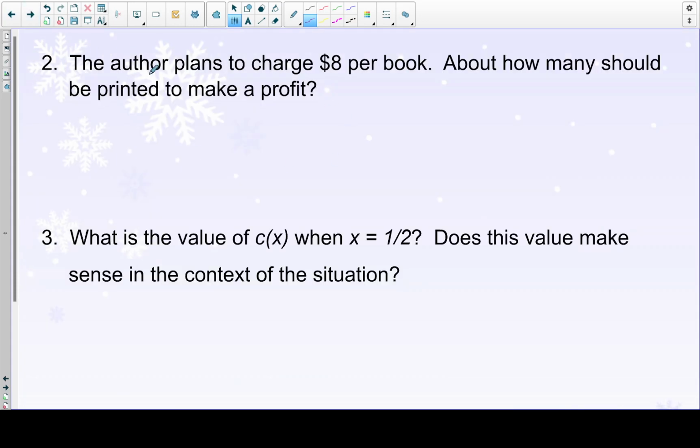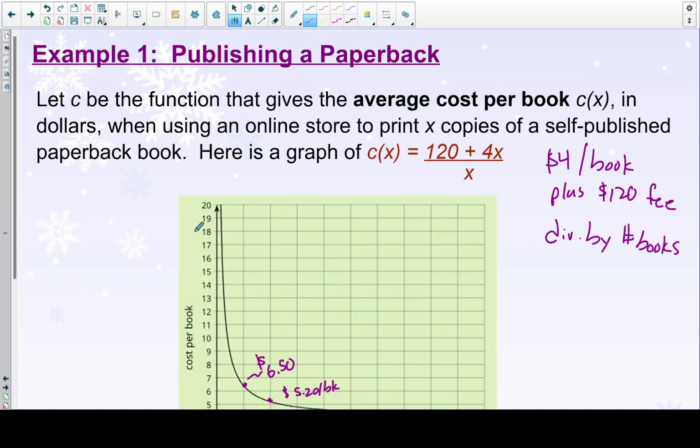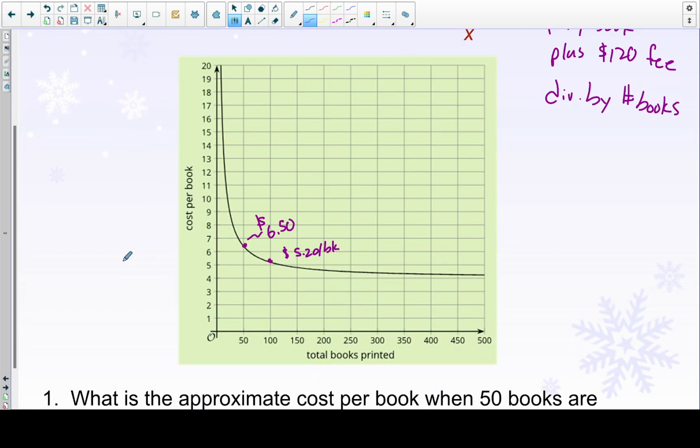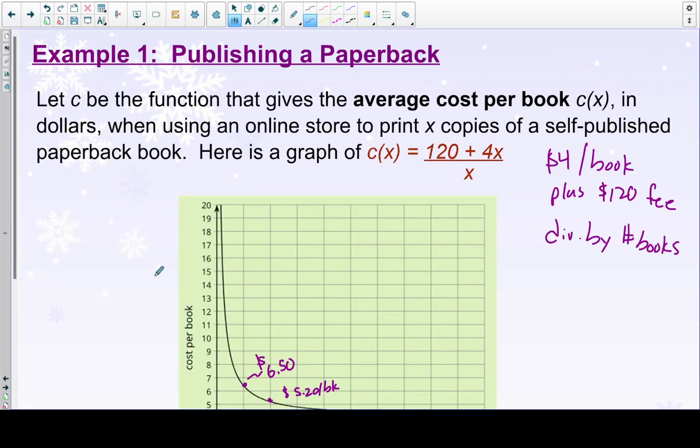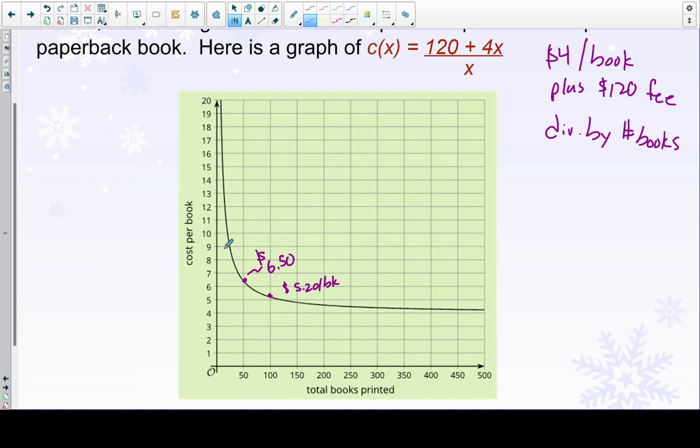The author plans to charge $8 per book. About how many should be printed to make a profit? Let's go back to our graph and look at $8 per book. So here's my 8 line.